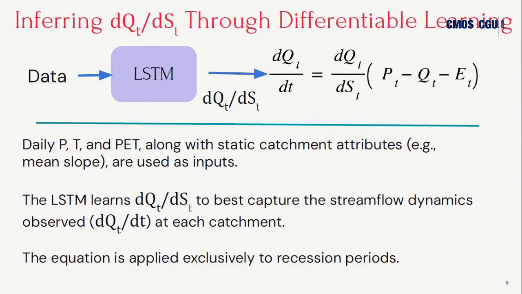The methodology works in a way that we provide the data I mentioned, and the deep learning model, which is an LSTM here, transforms this data to dq over ds for each time, so that if it's used in the master formula, it can best capture the dynamics of streamflow as we observe from observational data. So this physical formula works as a constraint when we are training this deep learning model.